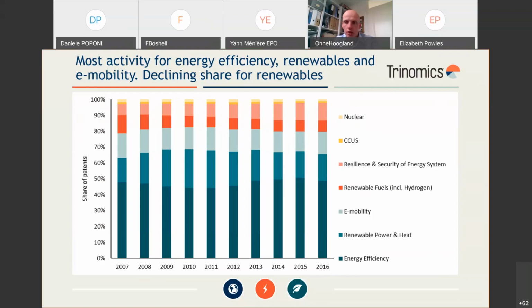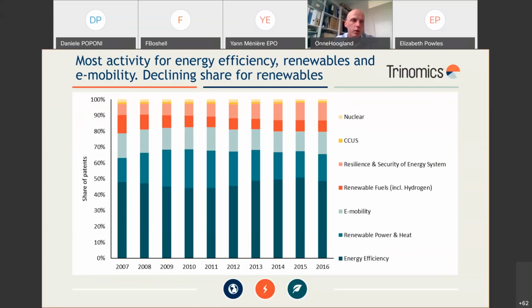E-mobility has a relatively stable share over the time period. And the share of renewable fuels decreased quite a bit in the first few years, probably because of a lesser focus on biofuels. In this graph, we don't see the growth in hydrogen translating into a significant growth of renewable fuels yet, but that may come if you look at the graphs shared by Francesco before me.